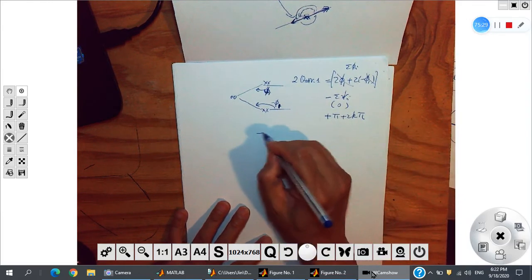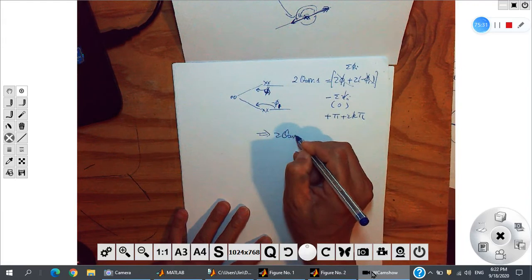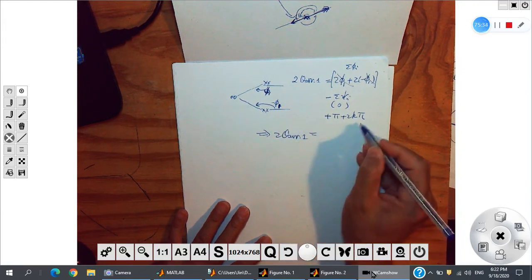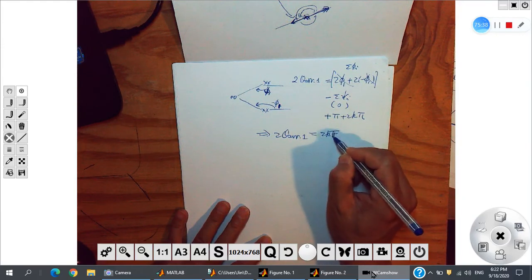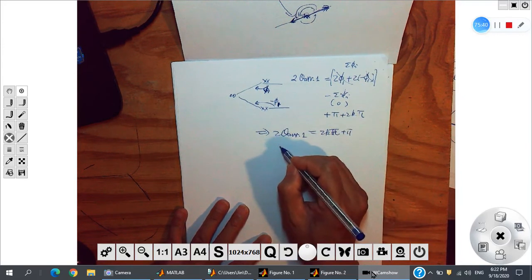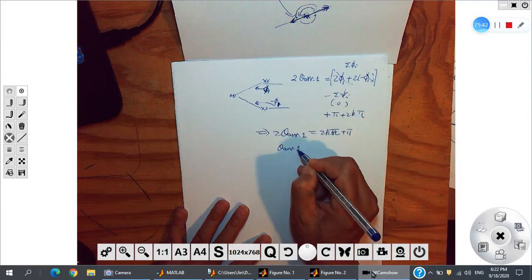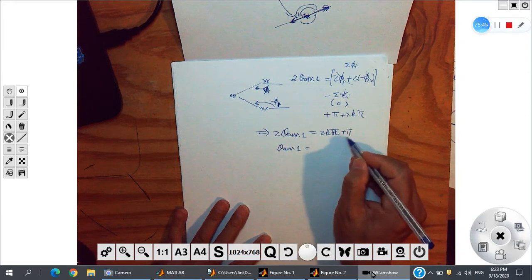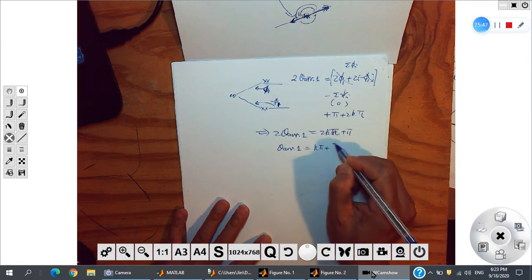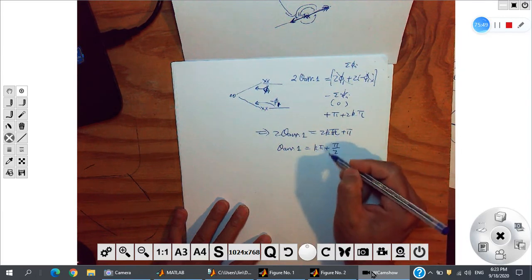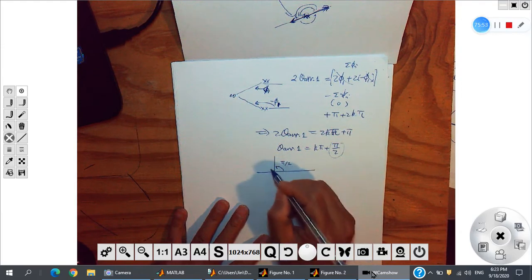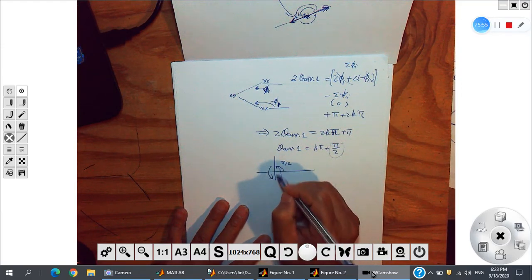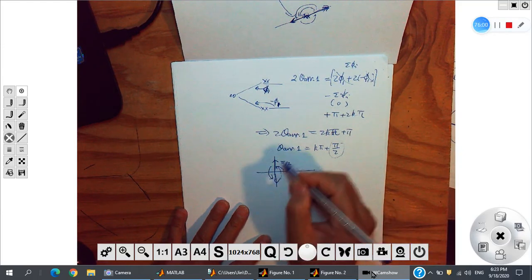So we have 2 of theta arrival, it is just 2k pi plus pi, and divided, we have the arrival equal to k pi plus pi over 2. Okay, it's 90 degrees, right? This is pi over 2 and plus pi, so we have these two directions.